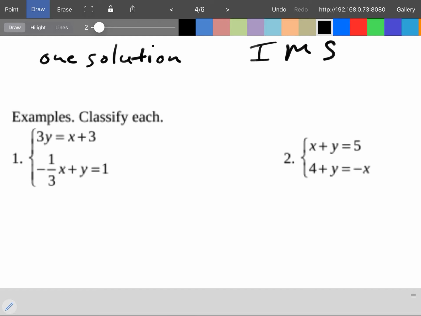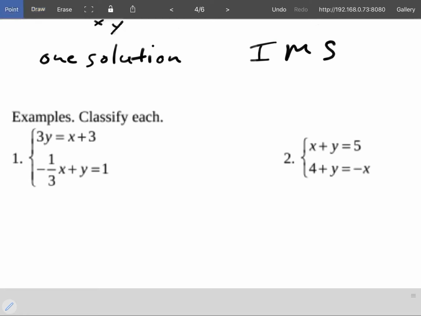We just want to know if there's one, none, or infinitely many. So I'm going to let you guys decide. If you looked at this first system right here, what would you use on this one? Would you use substitution or elimination? Somebody can unmute and tell me. Substitution? Yeah, I'd probably use substitution on that one.